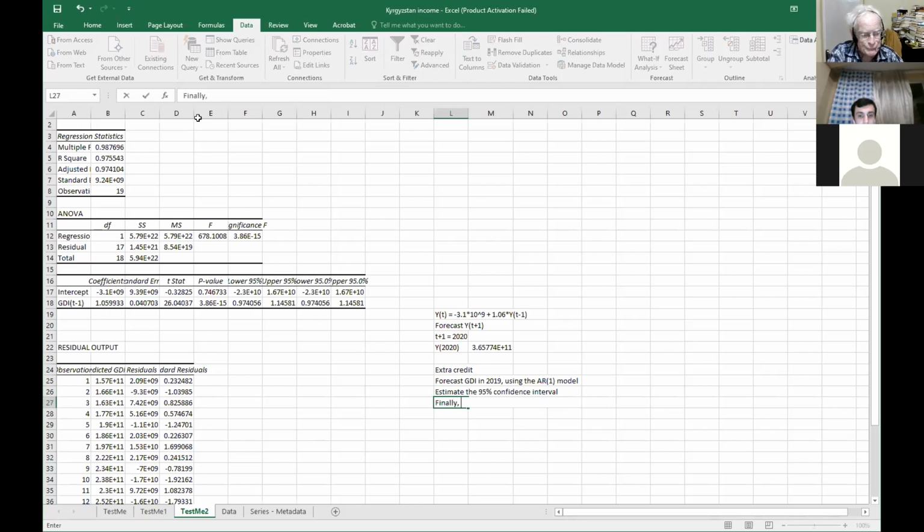And then finally, check whether the actual GDI in 2019 falls within the confidence interval.